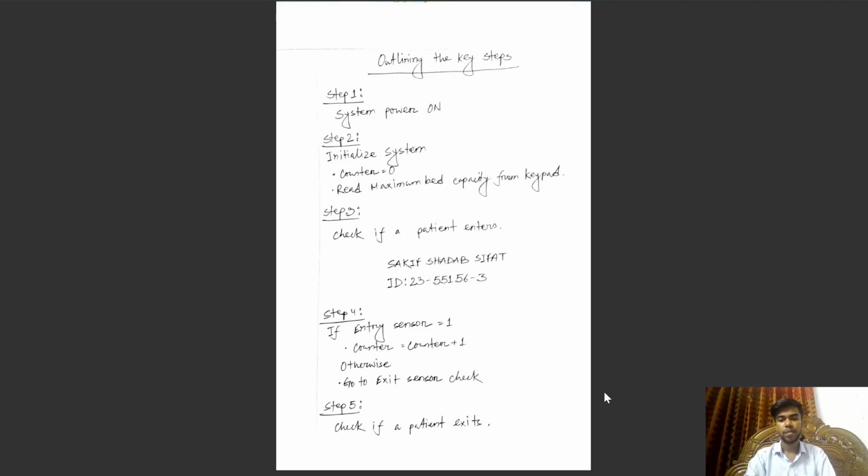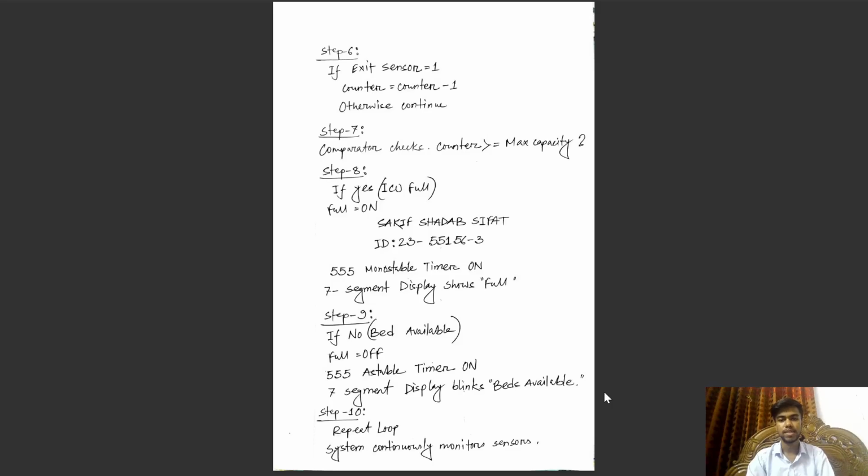If a patient enters and the entry sensor is 1, then the counter becomes counter plus 1, otherwise it goes to the exit sensor and checks. If any patient exits, then the counter is counter minus 1 and it continues. On the other hand, the comparator checks whether the counter is greater than or equal to the max capacity.